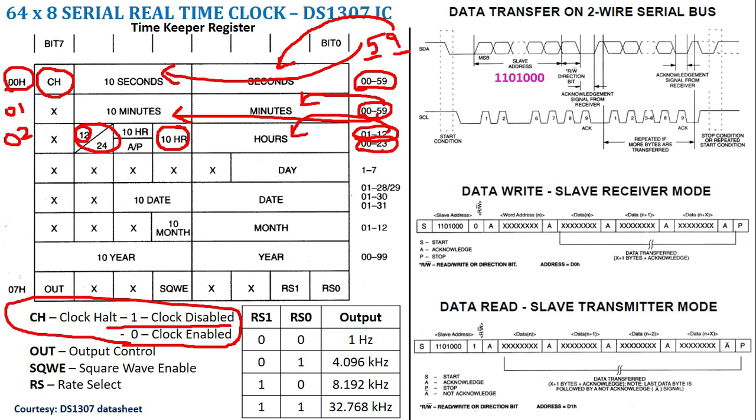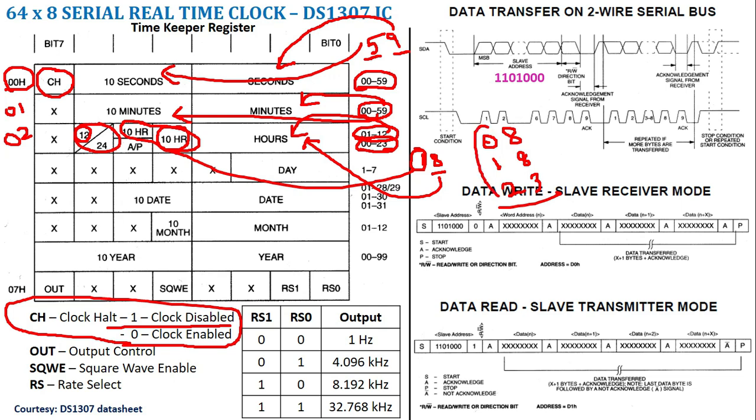In order to get the lower value, for example I have 18. This 8 will come here, and the upper one will go to these 2 bits, because I can have either 08 or 18, or I can also have 23. So the maximum value is 23.